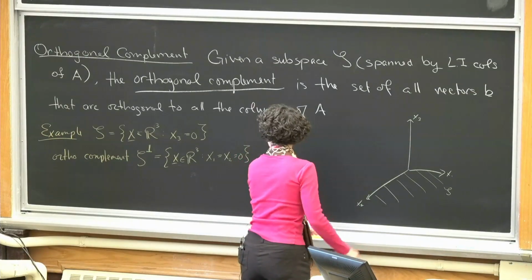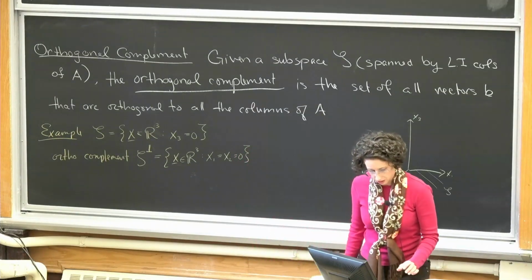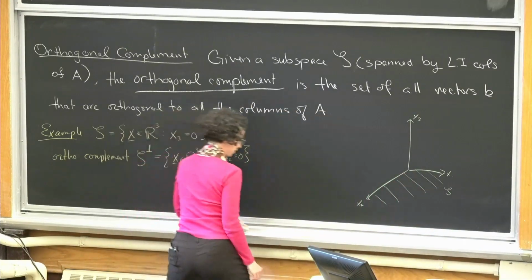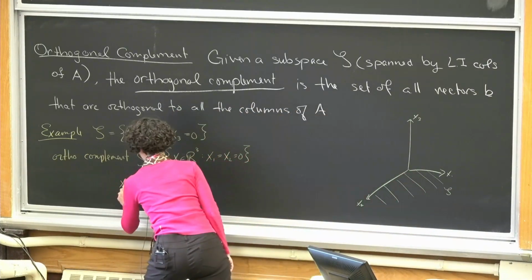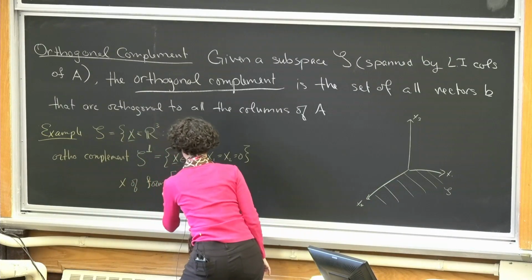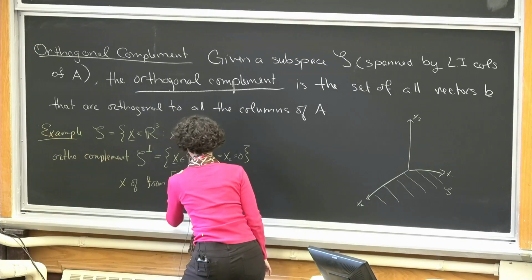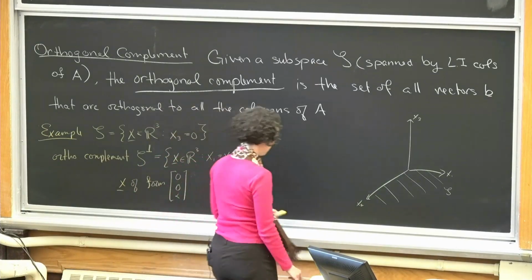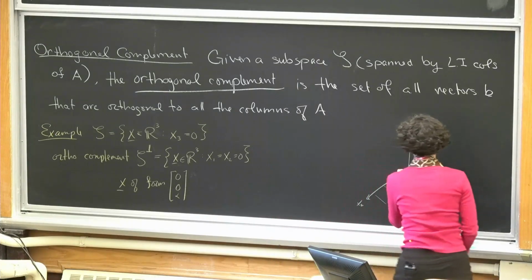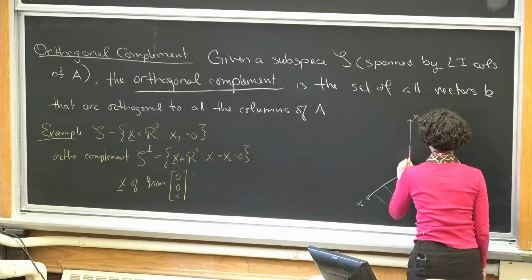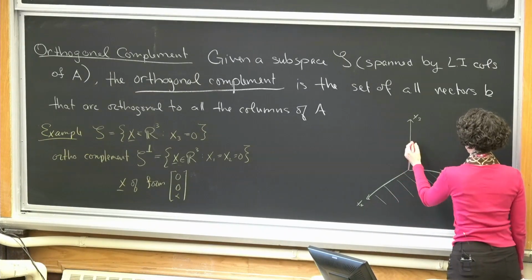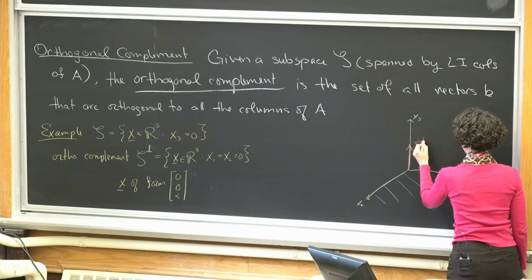So this would be vectors of the form 0, 0, and then some value, let's say alpha. And so in our picture here, the orthogonal complement corresponds to all vectors that look like this. So this here is going to be our S-perp.